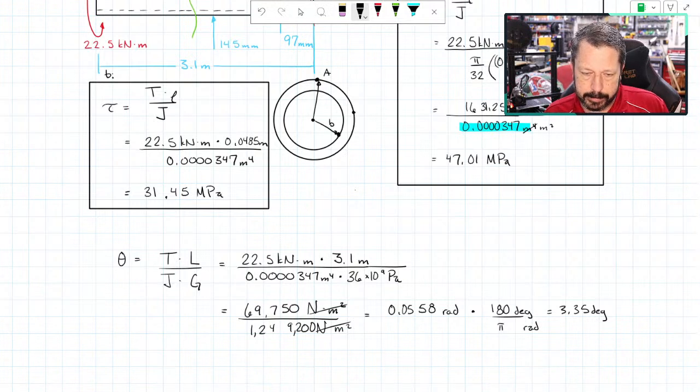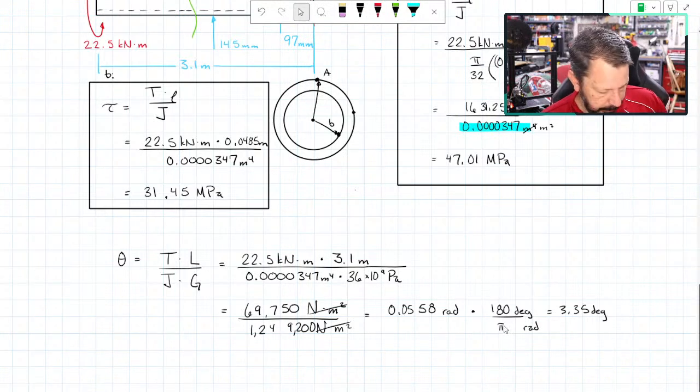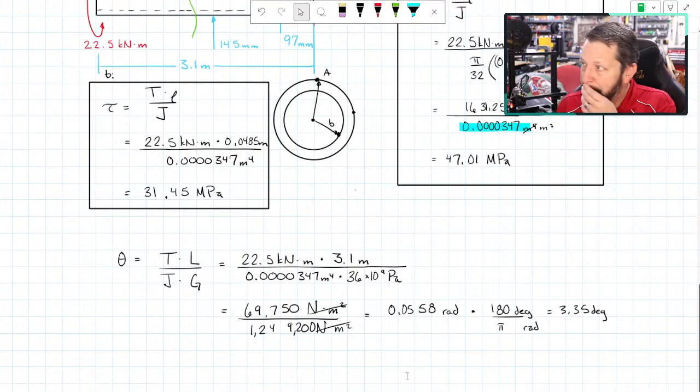Let's look at it. So WebWork officially wants 3.2, and I have 3.35. I think where that's coming from is how I rounded this 347 number. I guess I could have typed something wrong in there somewhere. Let me just check that.